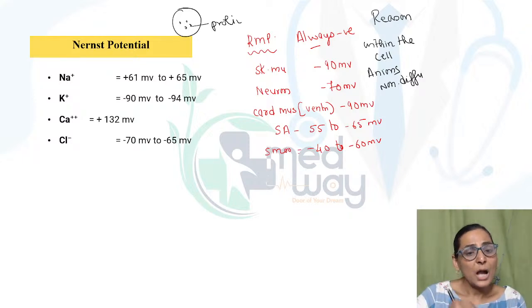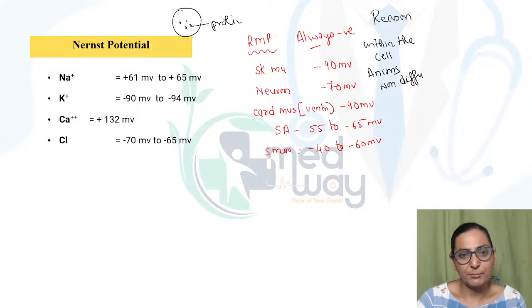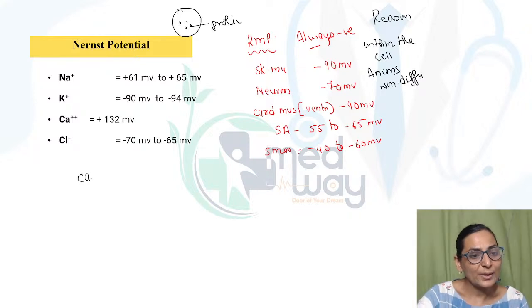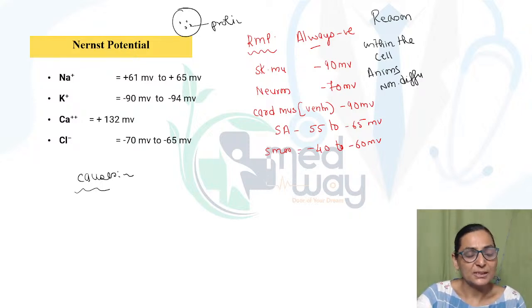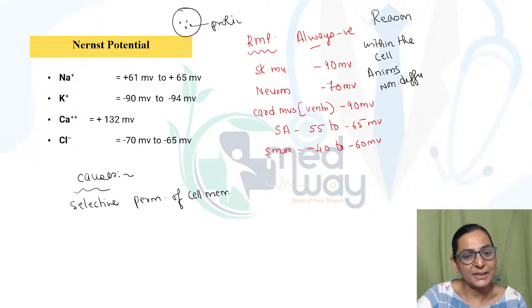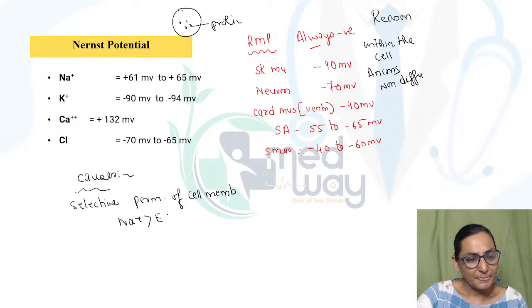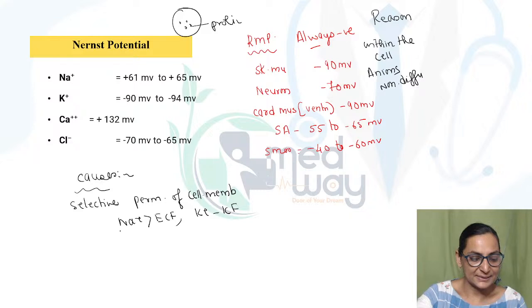Now, how do you generate a resting membrane potential? What is the cause? When you have to write the answer in first year, or know the MCQs, the causes are, first, the selective permeability of the cell membrane that allows sodium to be more in the ECF and potassium to be more in the ICF.